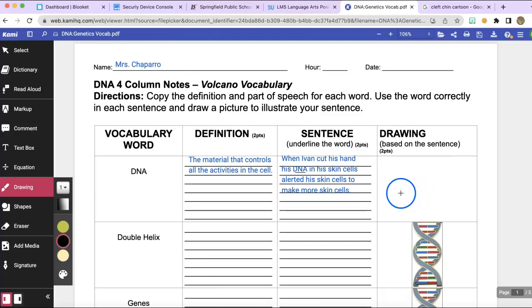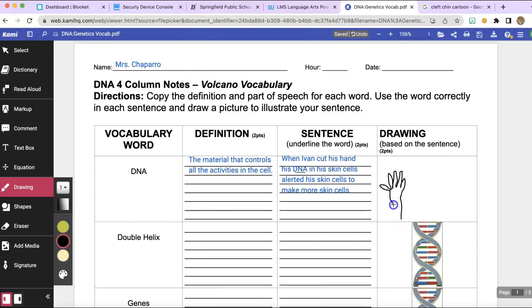That's what my sentence says, with a cut on it. I'm going to do my best to do that with the computer. So here is the thumb. Here is the next finger. We need 5 fingers. 3, 4, 5. Okay. Bring it down.